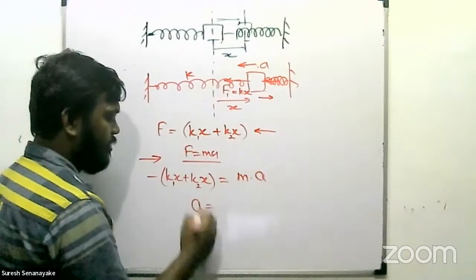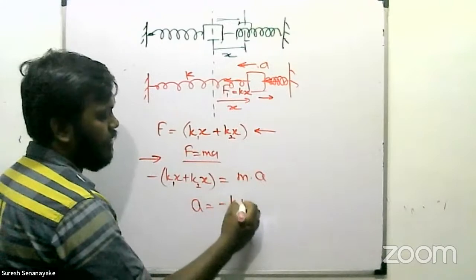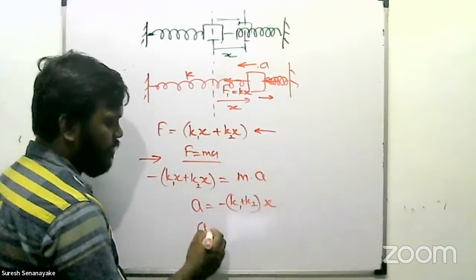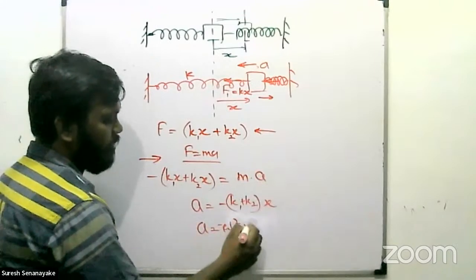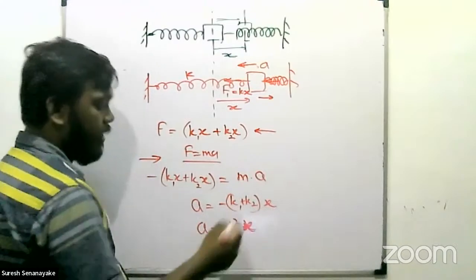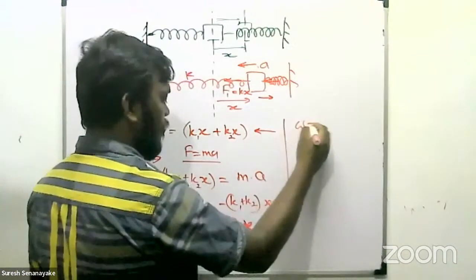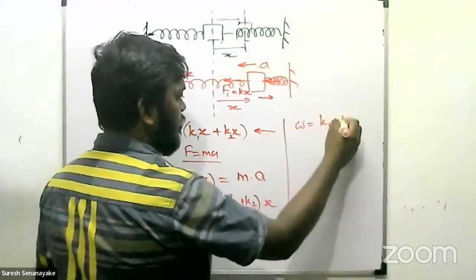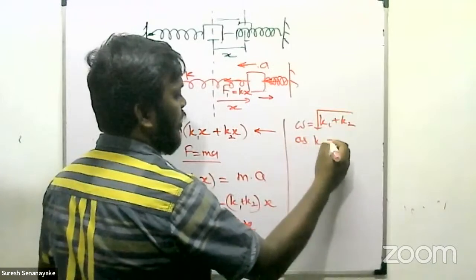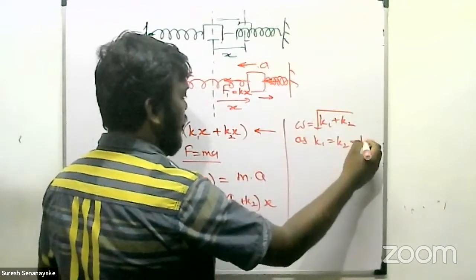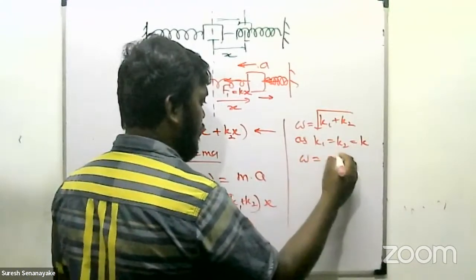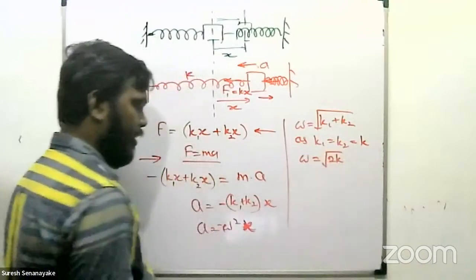You can write the acceleration as minus (k1 plus k2) times x over m. This is similar to the characteristic equation, minus omega squared x. So omega is the square root of (k1 plus k2) over m. As k1 equals k2 for identical springs, omega is the square root of 2k over m.